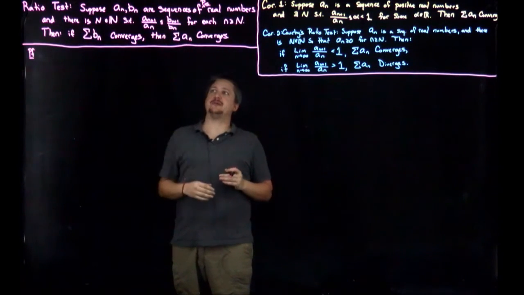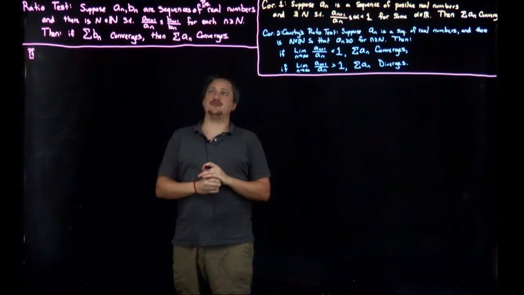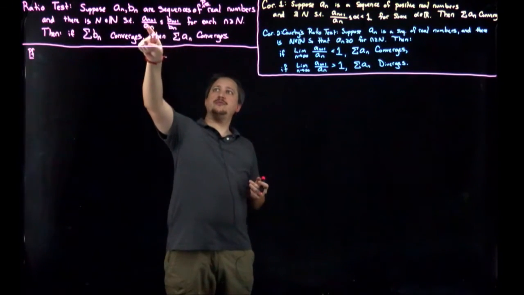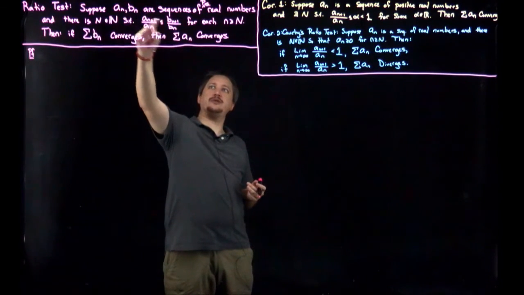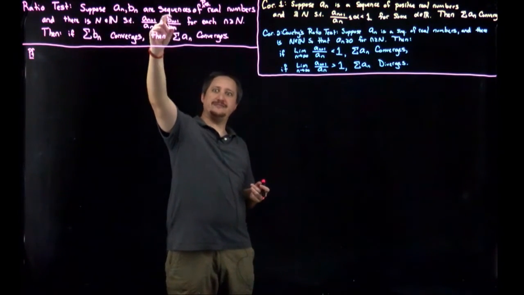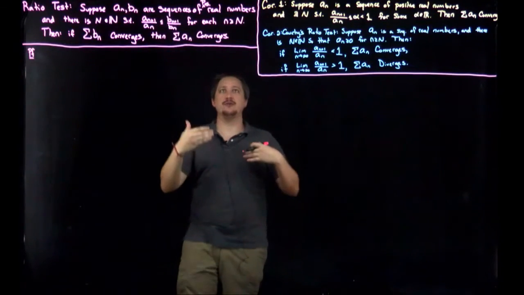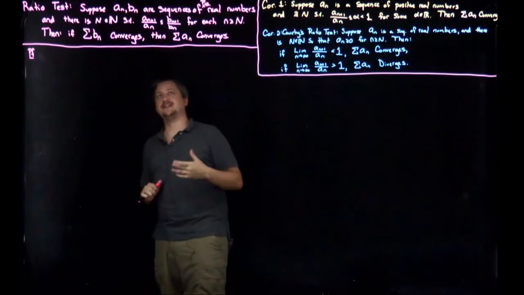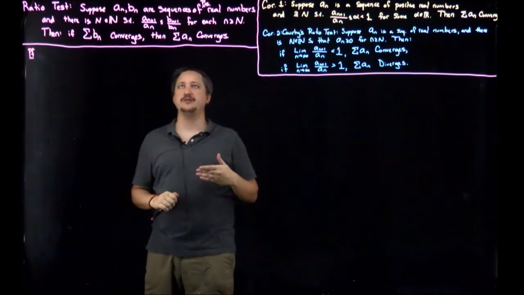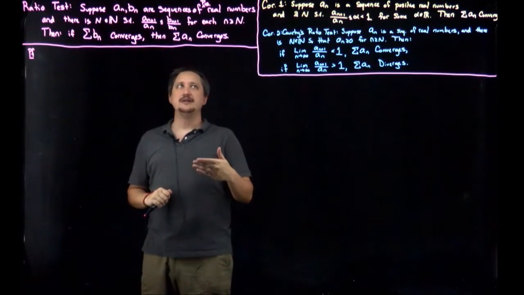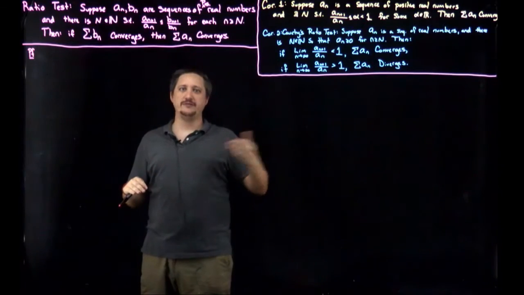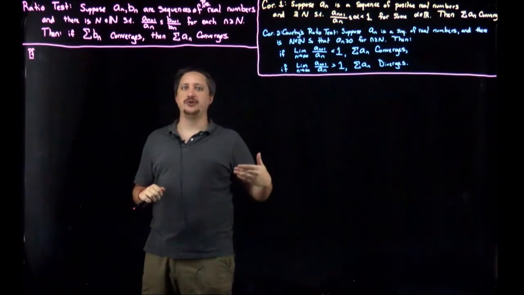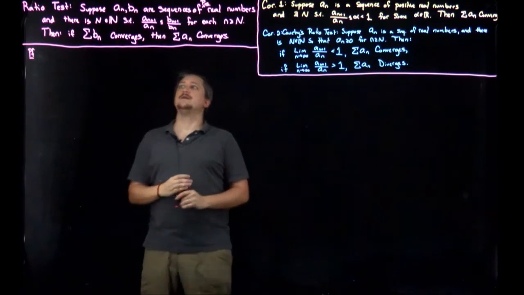And we're supposing that there's some capital N, a natural number, so that the ratio of terms for the a's is always less than or equal to the ratio of the other sequence's terms for n bigger than N. What that's saying is the ratio of the next term to the previous term for the a's is eventually smaller than the same ratio of next term to current term for the b's.